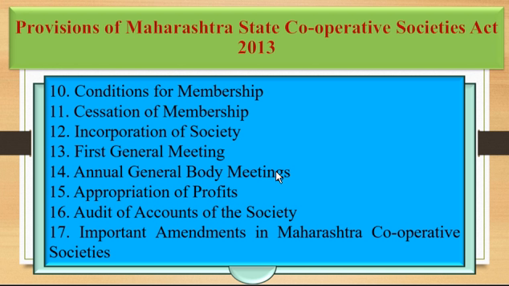Then last is important amendments in Maharashtra cooperative societies. In that, there will be only two types of members, that is nominal and associate member, as against nominal, associate and sympathizer member.